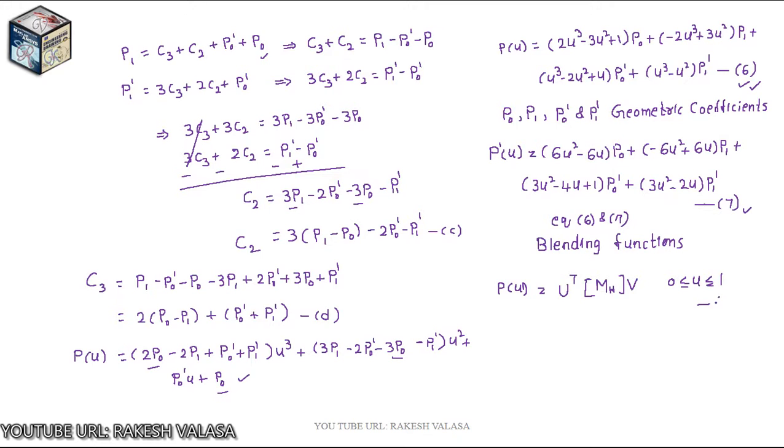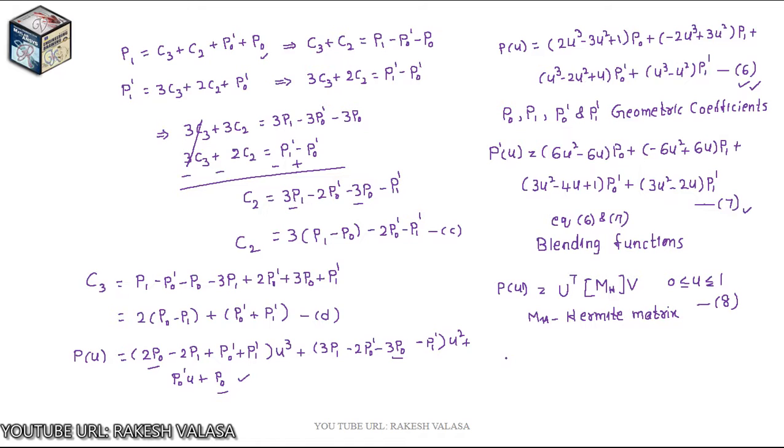This is the equation number 8, where MH is the Hermite matrix, and V is the geometry vector or boundary condition vector.